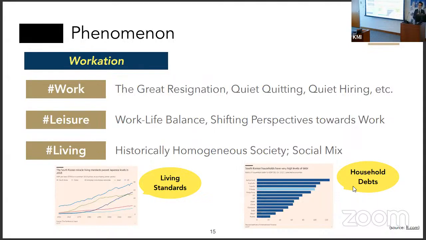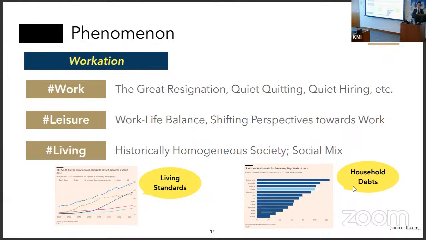Number three, let's focus on the South Korean situation. South Korea has been a historically homogeneous and a bit patriarchal society, and social mix is quite needed to make our South Korean communities much better.